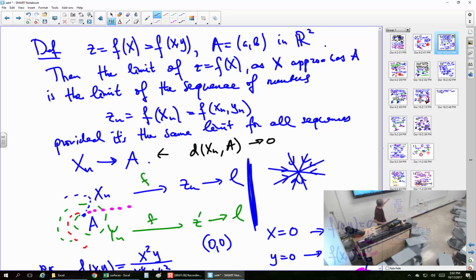So in that picture here, you can certainly think in terms of these distances, say the distances from the x_n over here to a, and this distance gets shorter and shorter and shorter. So that's the convergence as we understand it. Okay, and then we take all possible sequences, and they produce the same behavior, and it converges to some number.